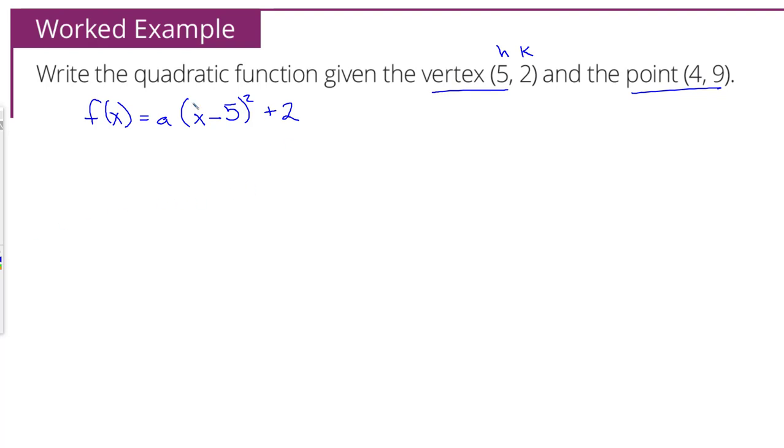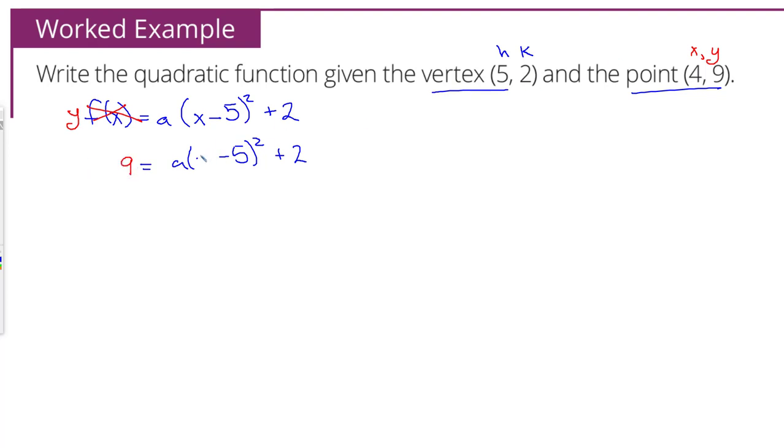Now, that doesn't get me to where I know what a is. So I need to go one more step, and we're going to plug in that extra point. So this point is x comma y, but there's not a y over here. Remember, this is y.